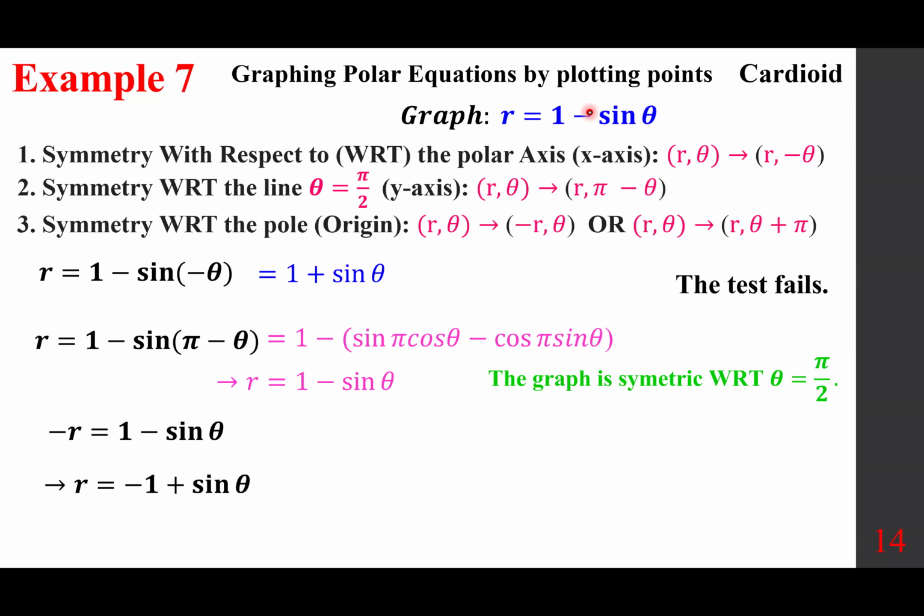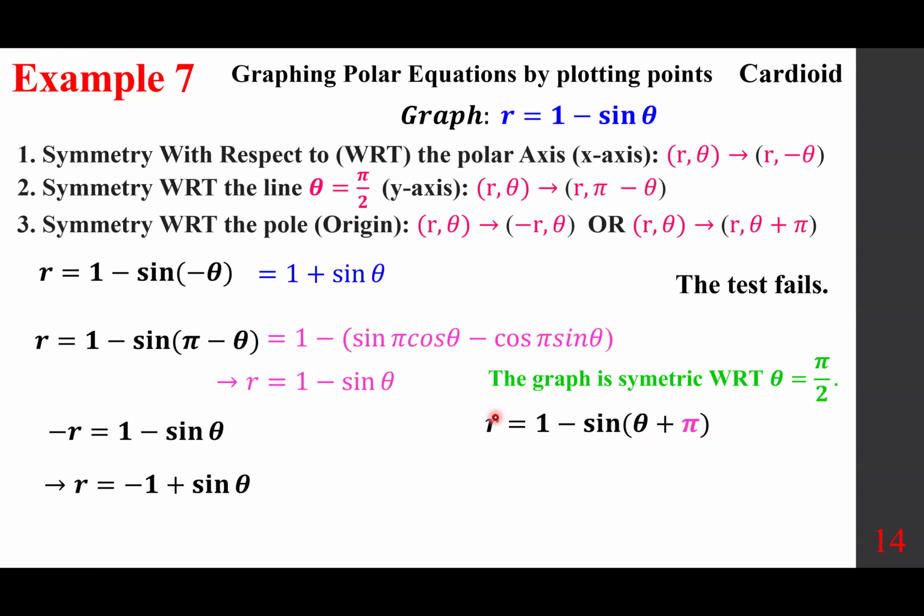However, you have to check with this one also. So let's replace the theta with theta plus pi. So r equals 1 minus sine of theta plus pi. Also, we have to check that. So sine of alpha plus beta is sine alpha cosine beta plus cosine alpha sine beta, right?